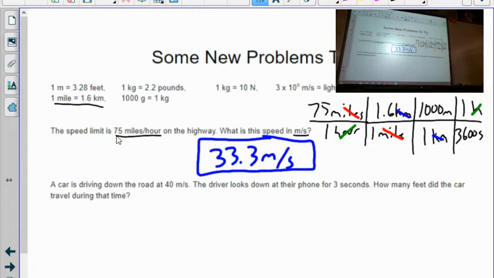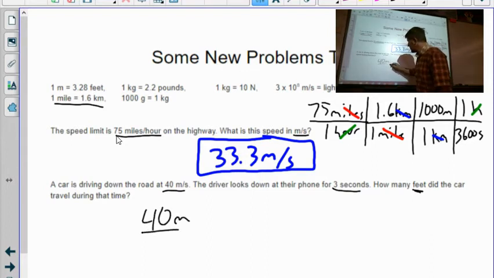Okay, so then I come over to this one, and a car is driving down the road at 40 meters per second. They look down at their phone for 3 seconds. How many feet did the car travel during that time? Okay, so my starting point is at 40 meters per 1 second.